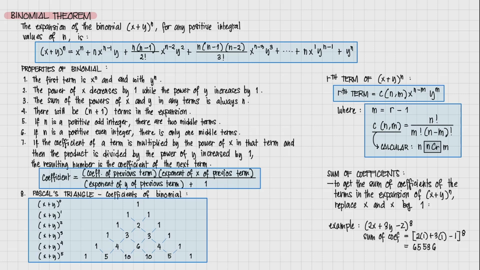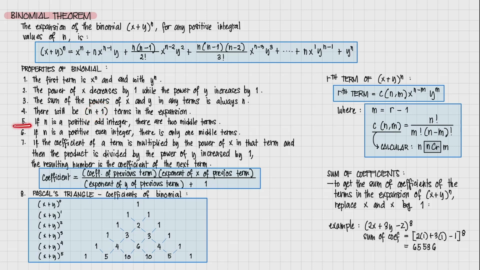Okay, so property number 4, there will be n plus 1 terms in the expansion. So it depends, the number of terms in our expansion would depend on the exponent or the positive integral or the value of your n, and then you're just going to add 1.